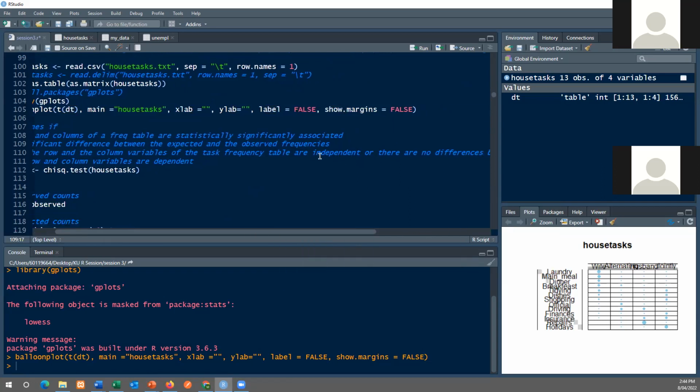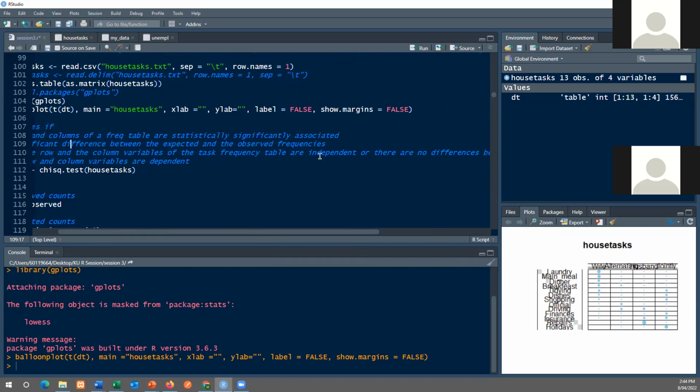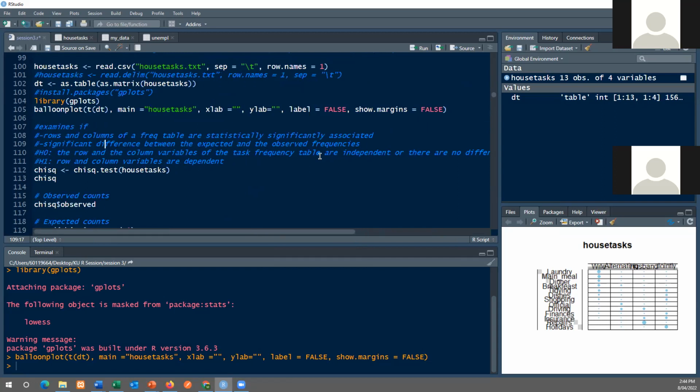The null hypothesis assumes that whatever the data set distribution, whatever the frequency you are seeing, there is no discrimination between husband and wife in their chores or their list of duties. Okay, they are doing everything equally. Is that true or false? Alternatively, it says no, they are dependent. The row and column variables are dependent.